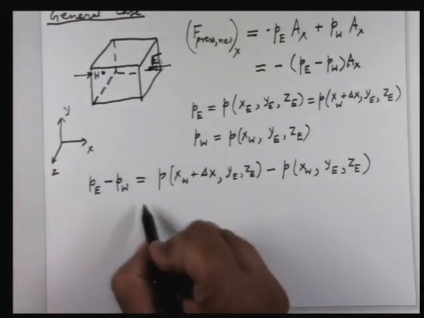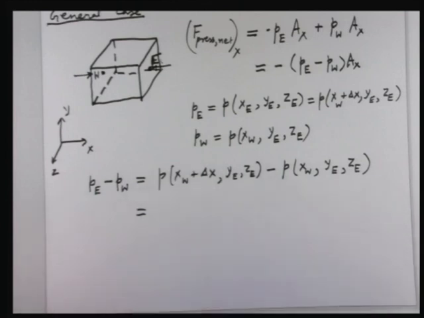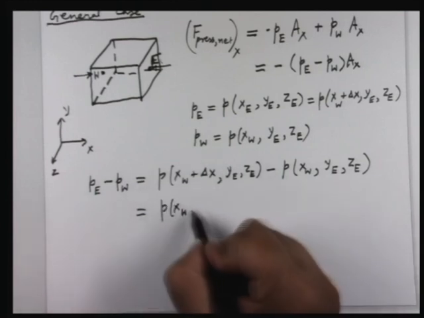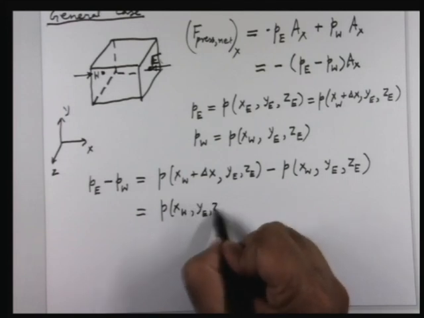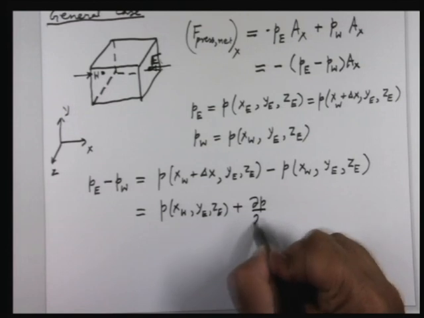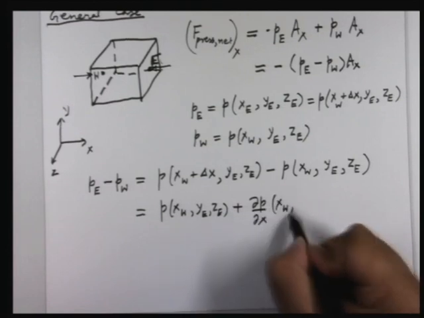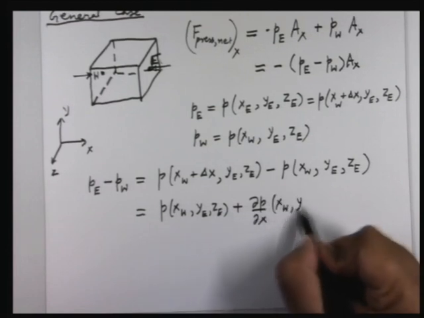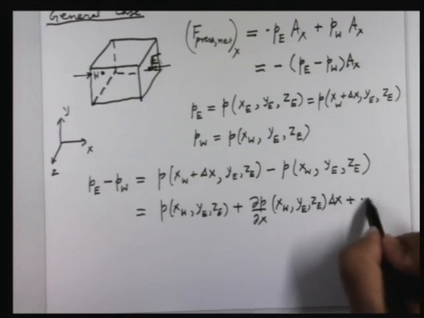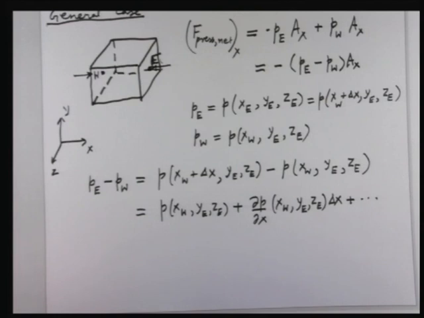So if we expand this, again if we say it is a continuous function, this will be P of xw, ye, ze plus del P del x at xw, ye, ze delta x, and I will not write the other terms because you have seen it goes to 0, so plus dot dot dot.